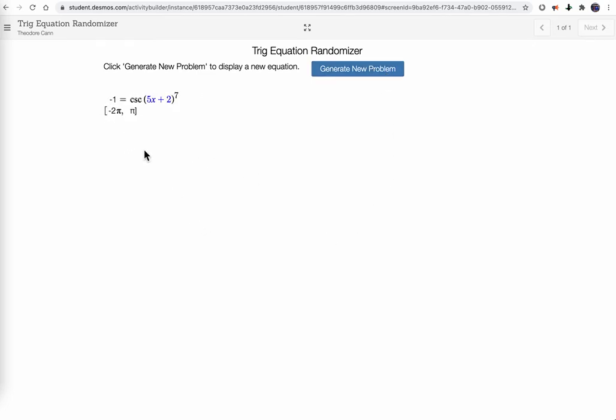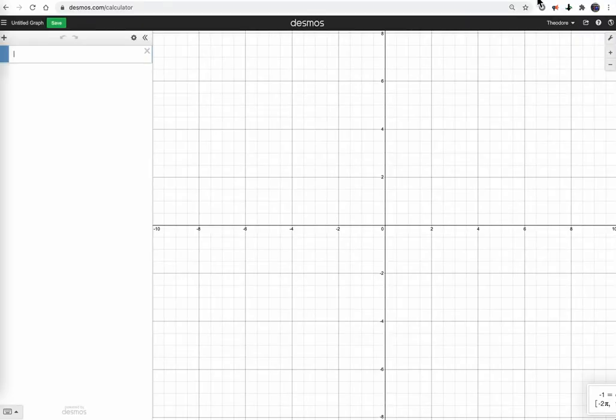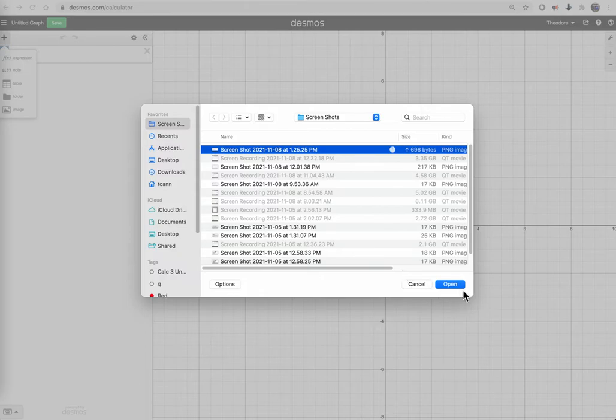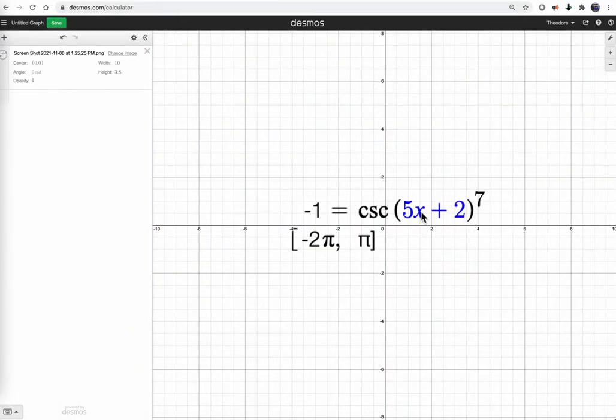All right, so what I'm going to do, just so everything matches up for consistency, is a Command-Shift-4, or snippet if you're using a PC. Take a screenshot of it. And then I'm going to open a Desmos, and I'm going to put my screenshot as an image into the Desmos.